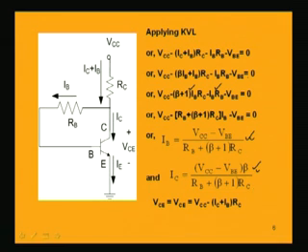So, that is the Kirchhoff's voltage law in this output circuit. So, from here I can find out what is VCE. VCE is equal to VCC minus (IC plus IB) into RC.